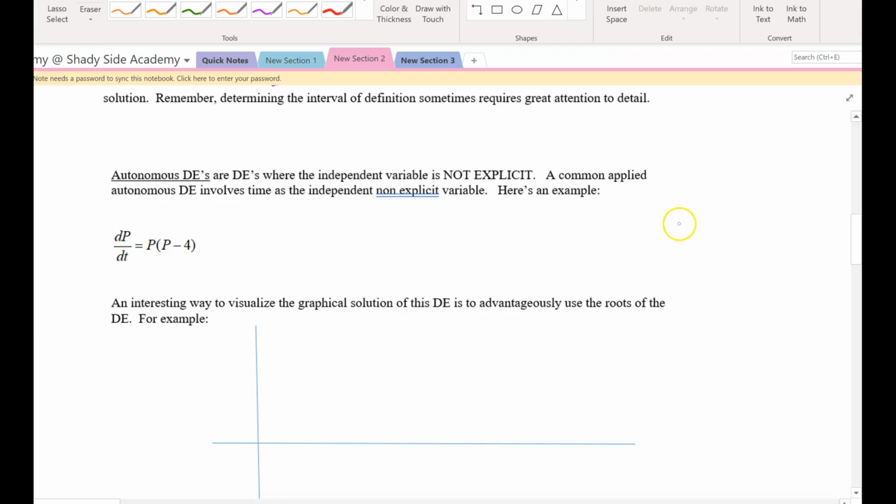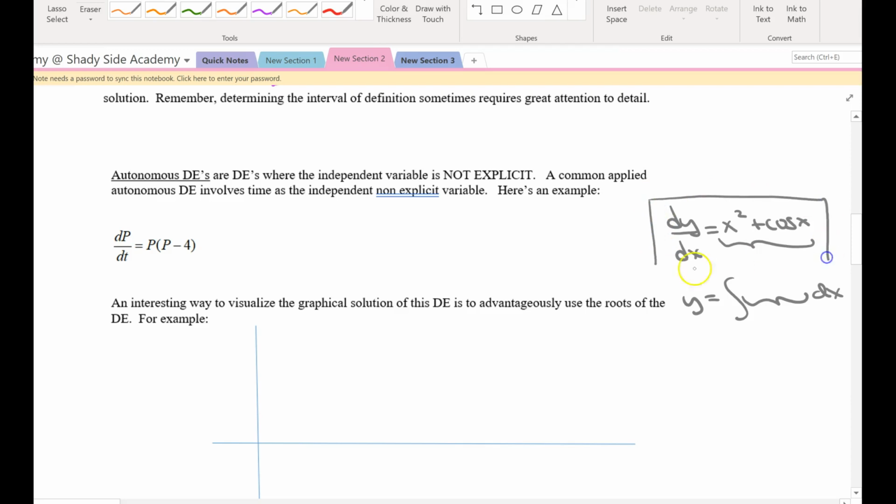If we want to use y and x just as a shorthand here, the differential equations you really dealt with most of the time looked something like this, where the differential equation is entirely in terms of just the independent variable. Those are the easiest because you know that to find y, it is just a matter of integrating this expression with respect to x.